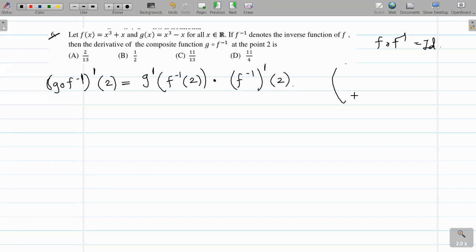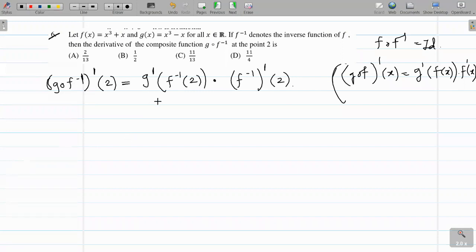Do you know this? GOF dash at any x is G dash at fx into f dash x. यही है ना? तो f का रोल प्ले कर रहा है f inverse, that's it. So I am just writing chain rule.